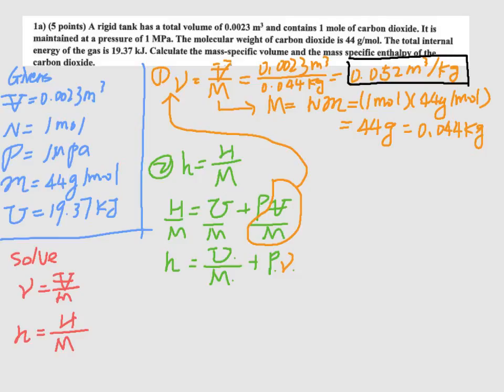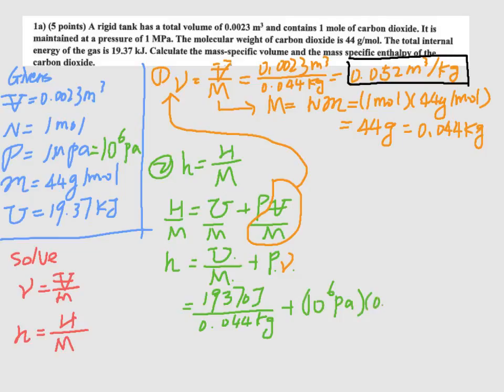So now let's plug and chug. Internal energy is 19.37 kilojoule, which is also 19,370 joule, divided by the mass, 0.044 kilogram, plus pressure, which is 1 megapascal. This is also equal to 10 to the 6th Pascal, times the specific volume, which is 0.052 meter cubed per kg.